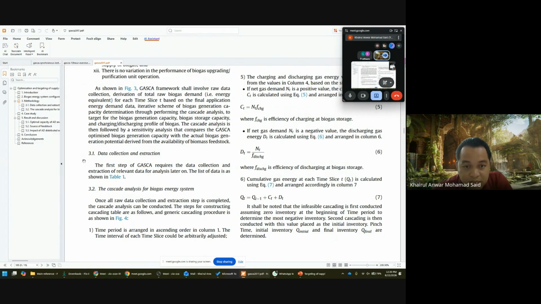The first step of GASCA requires data collection, extraction of relevant data for analysis later on.